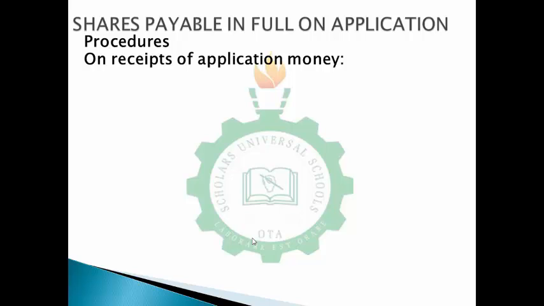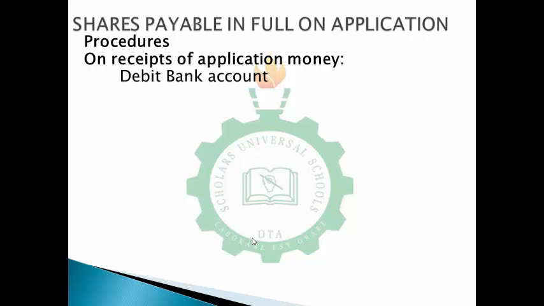Now, what are the ledger entries that you pass? Can you give it a try? Don't forget, if you have said that you will debit bank account and you will credit the people that are paying, you are correct. The double entry is that you debit your bank account because, of course, the money is going into the bank.